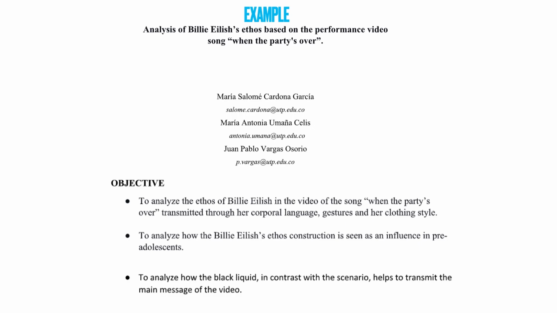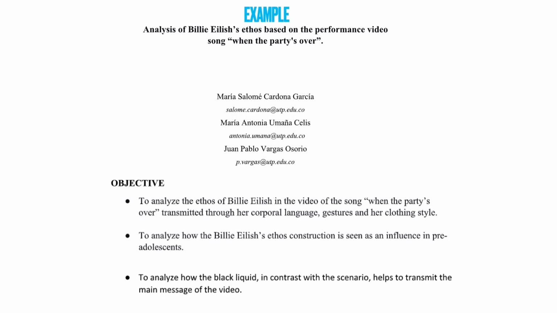The first objective is to analyze the ethos of Billie Eilish in the video When the Party's Over, transmitted through her corporal language, the gestures, and the clothing. Notice they haven't promised to construct an analysis of the lyrics or the music, but based on the corporal language, the gestures, and the clothing.